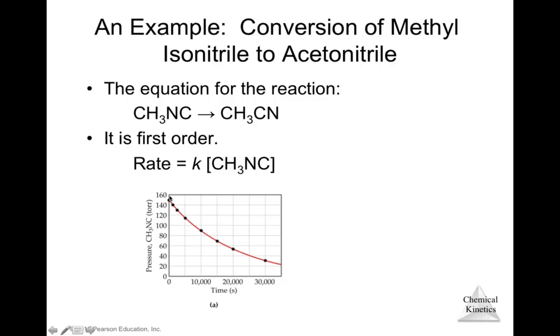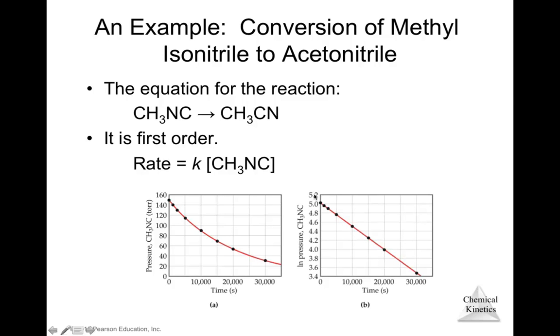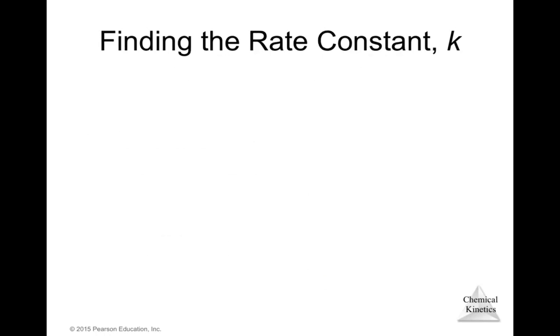Without doing all that integration, the graph that we have is a curve. But if we do the integration, then we have a straight line, and it's easier to work with a straight line than with a curve to obtain the different values. So that's why we went through all that integration and math. But at the end, the most important thing is the expression that we have for the first order reaction.